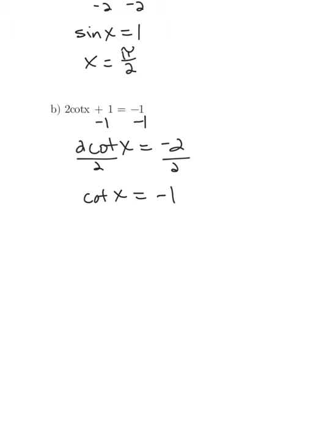So now we have to ask ourselves, what angle or angles, there may be more than one answer on these, will have a cotangent of negative 1. Remember, we talked about that cotangent and tangent are negative in quadrant 2 and in quadrant 4. So if you look at your unit circle in quadrant 2 and quadrant 4, and then think about putting the x value over the y value, because remember, we said cotangent is x over y.